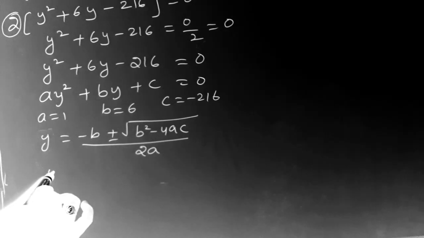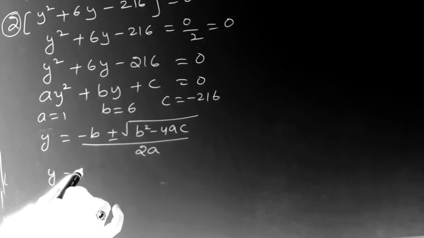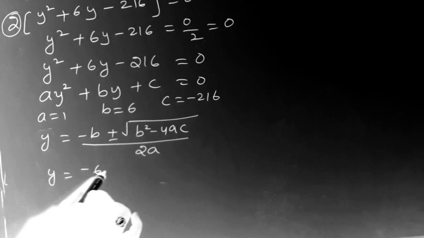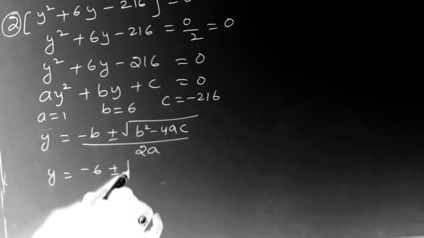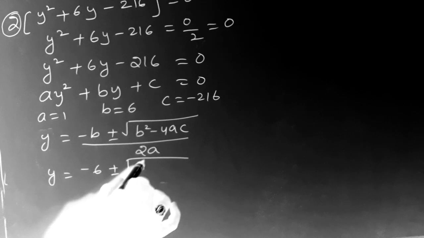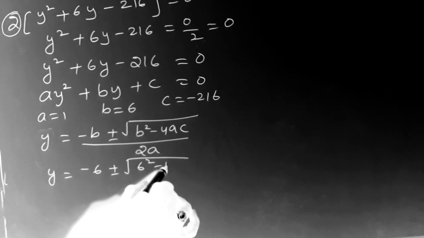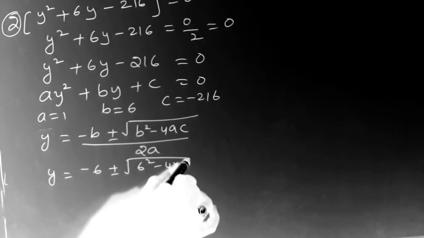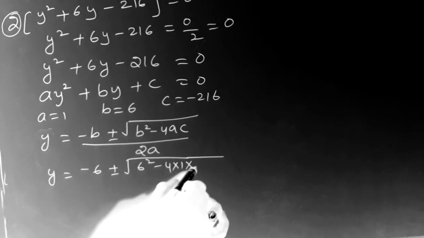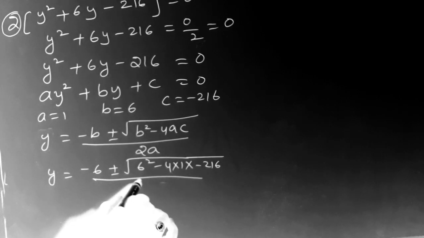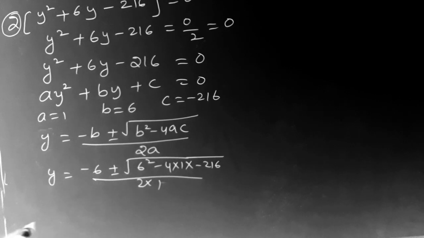Now we substitute all the values: y is equal to minus 6 plus or minus under root 6 square minus 4 times 1 times minus 216, by 2 into 1.